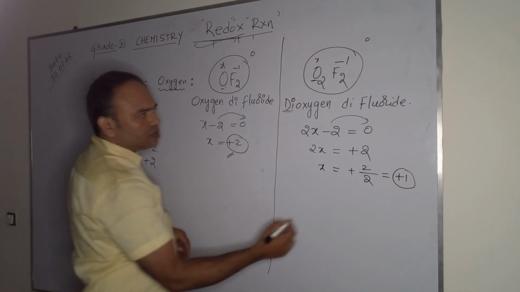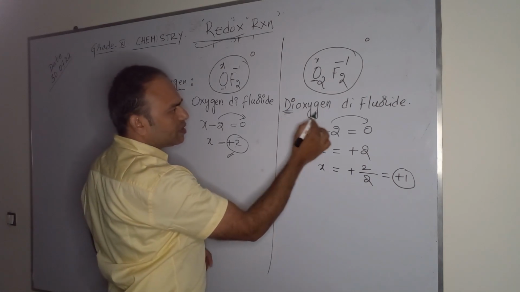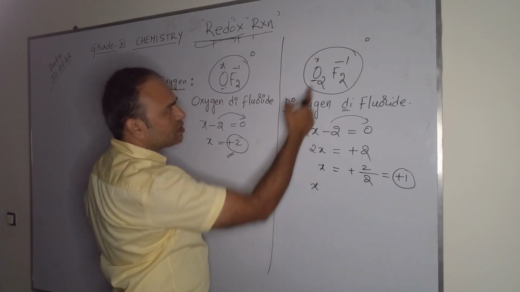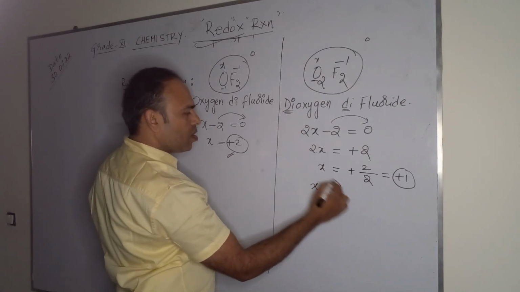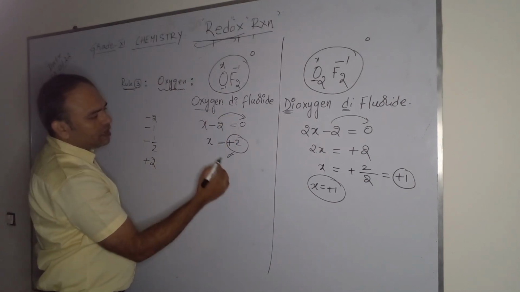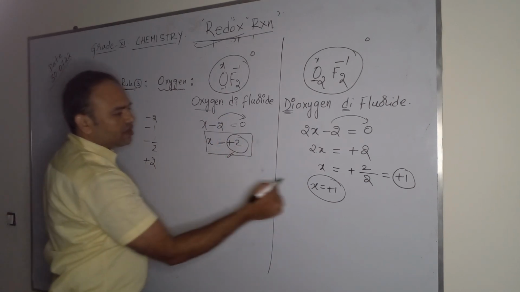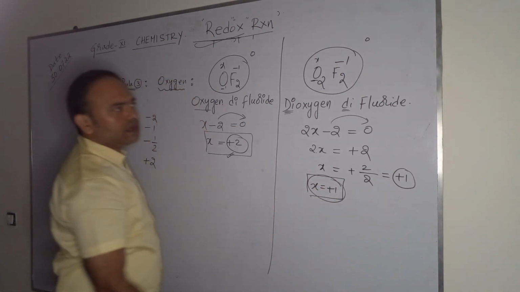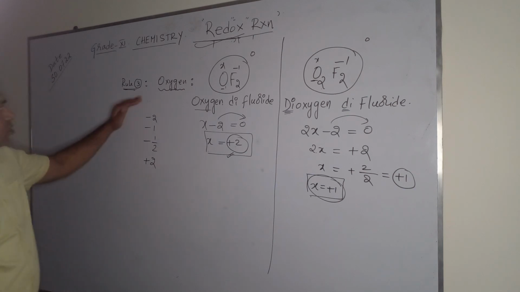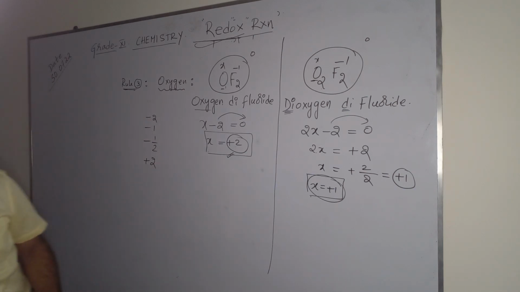So hope you have understood this. In the case of dioxygen difluoride, the oxidation state of oxygen is positive, that is +1, and in the case of oxygen difluoride, the oxidation state is +2. In both the conditions, oxidation state is positive. These two are exceptions.